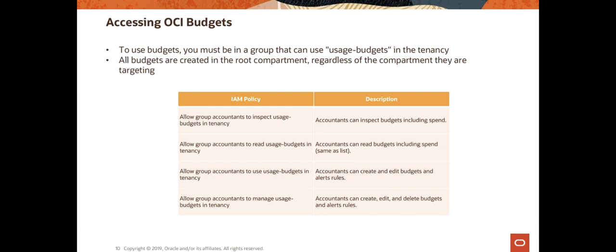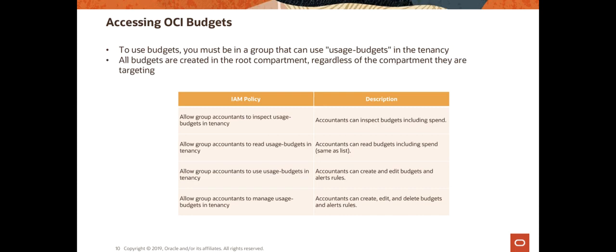To create a budget, you must be in a group that can use usage budgets in your tenancy, and these are sample IAM policies that you would need to write using your IAM policy section that can let a particular group inspect usage budgets, read usage budgets, use them, or manage them.